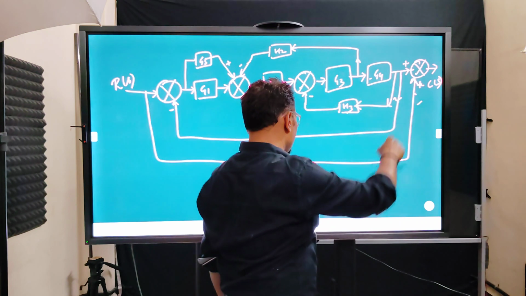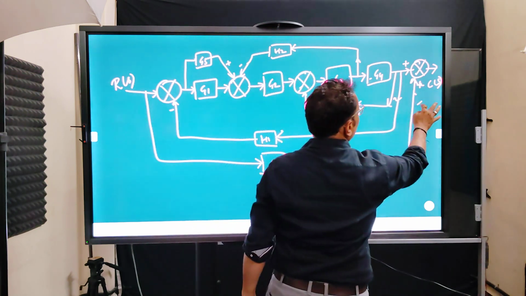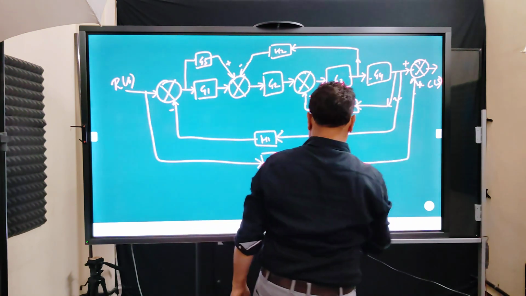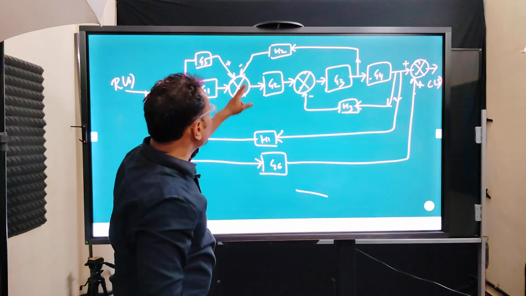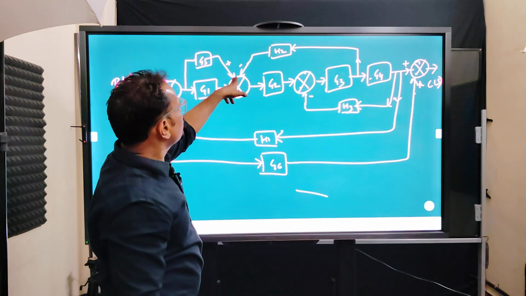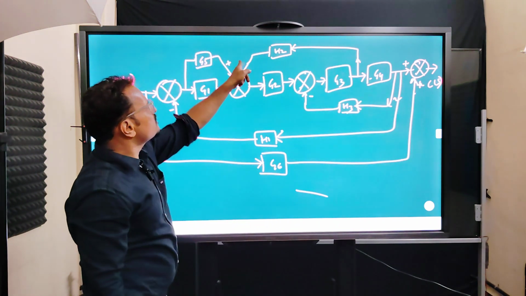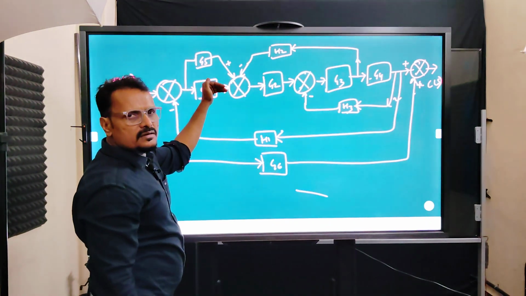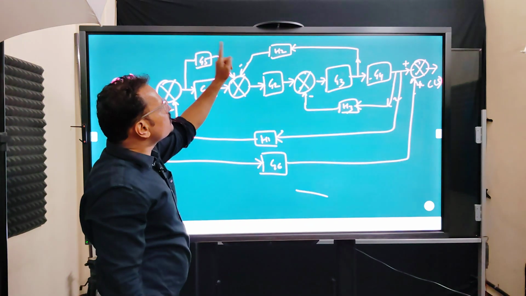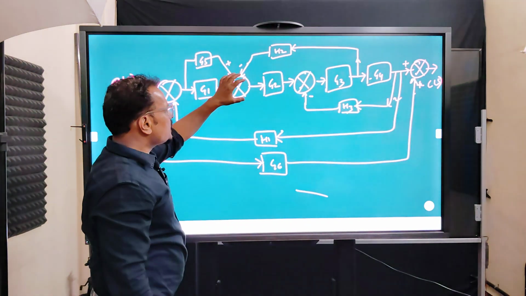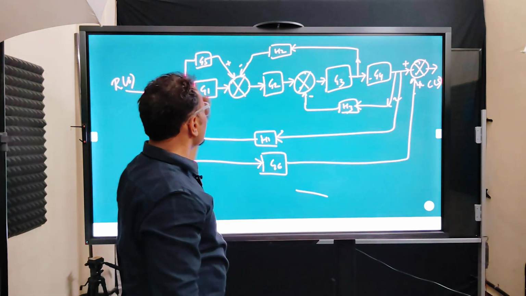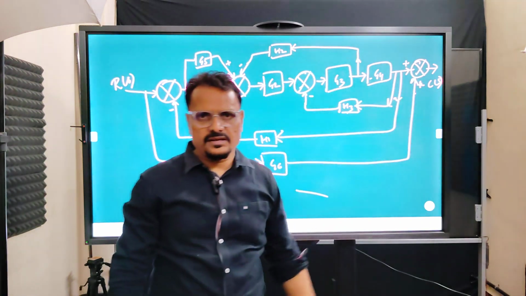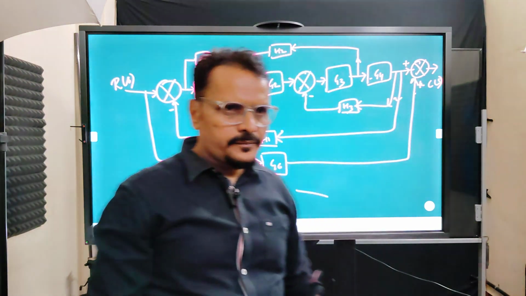So 2 pluses are coming there. On this side, you see this is plus and this is minus. So whatever comes this way gets added with this and subtracted from that. These are nothing but summing points. There are 4 summing points.